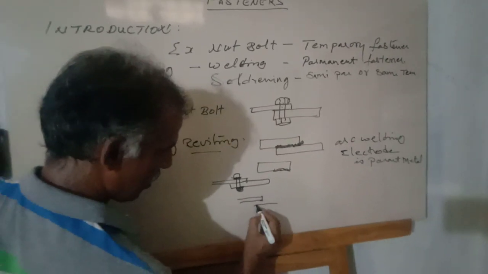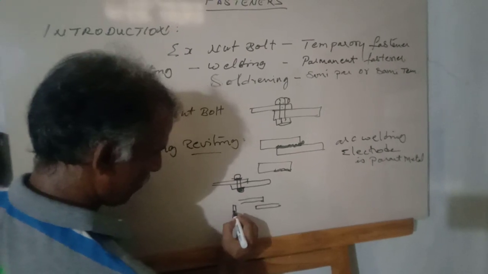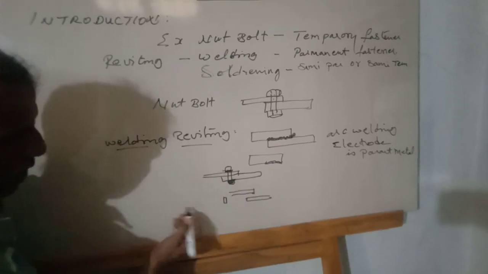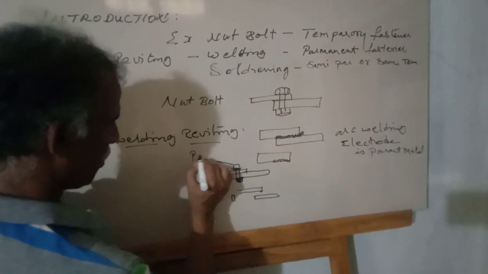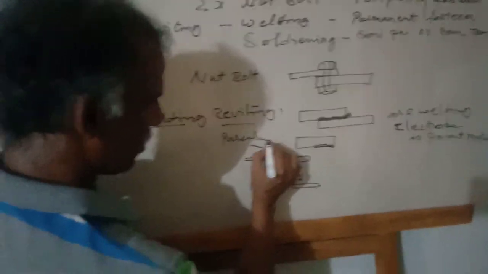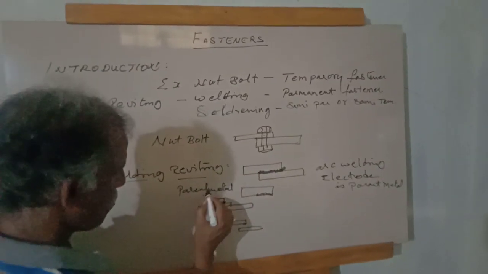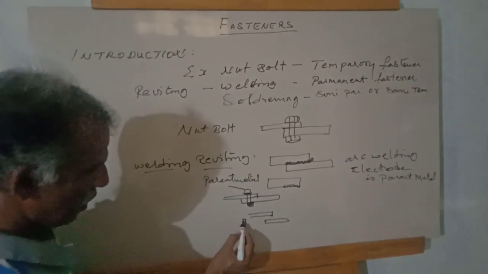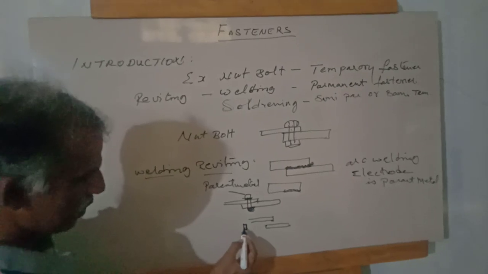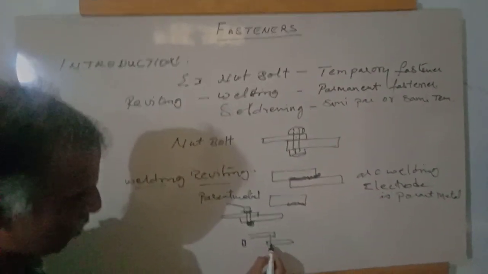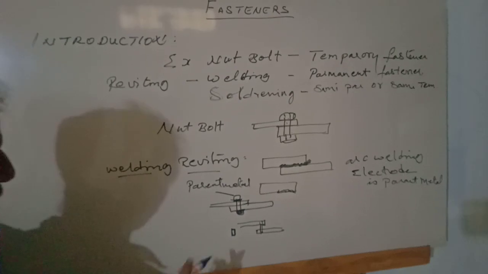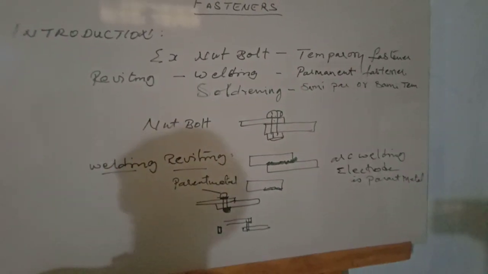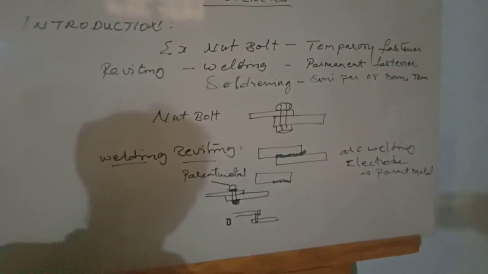And the rivet piece that is left we cannot use for further joining. So here the parent metal is the rivet. This rivet is called the parent metal. After removing this rivet, the remaining portion we cannot use to join the sheets. That's why welding and riveting are called permanent fasteners.